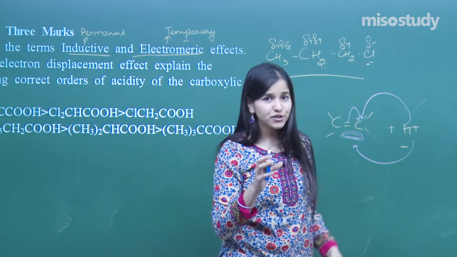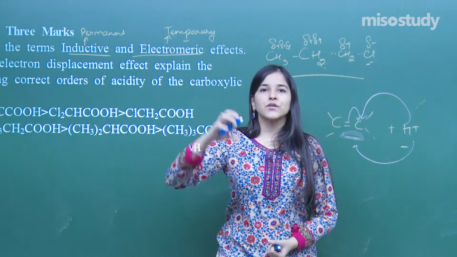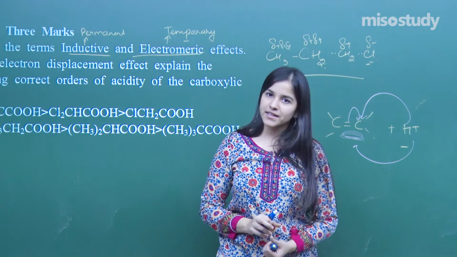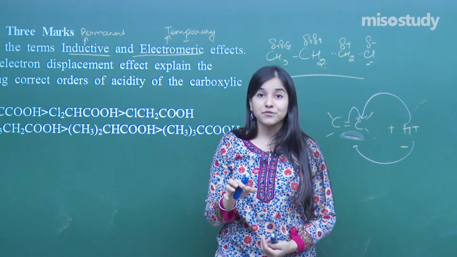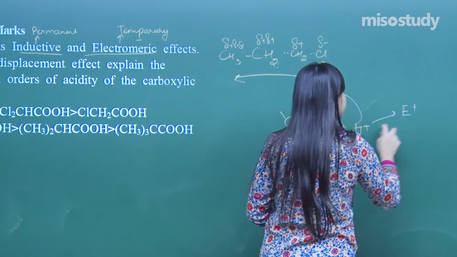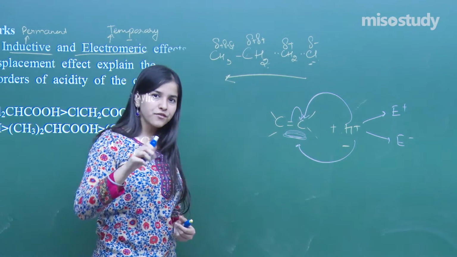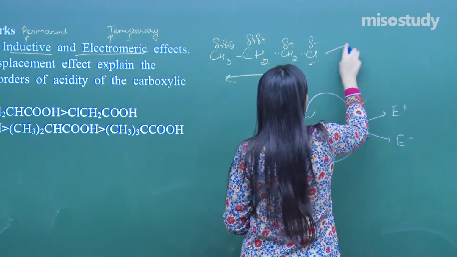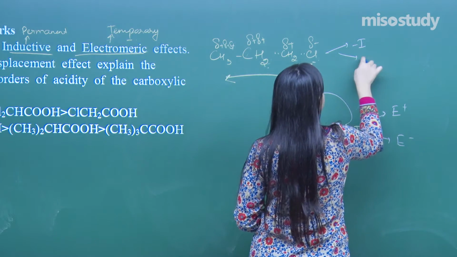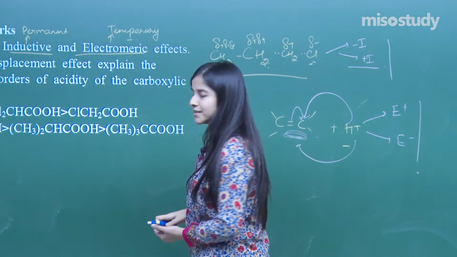That is what the electromeric effect is: the shifting of electrons in the presence of a species, during a reaction. I have got E plus and E minus. I am not going into the detail of that, I have just given you an idea what the effects are. Again, there are minus I and plus I effects for the inductive effect as well, right.